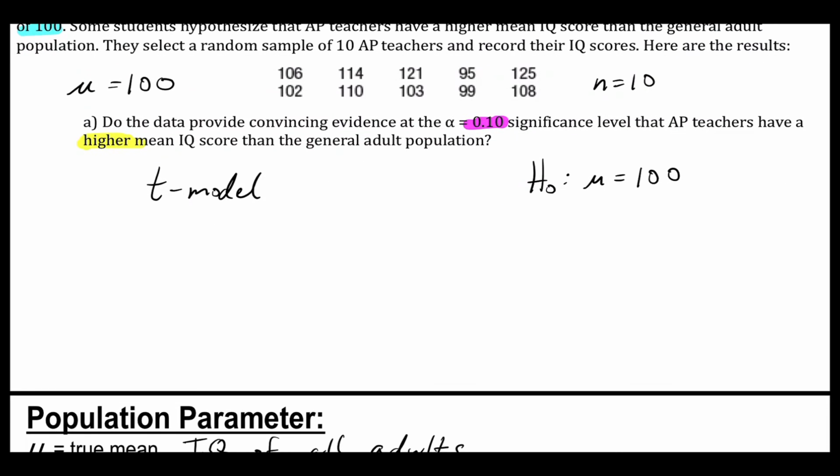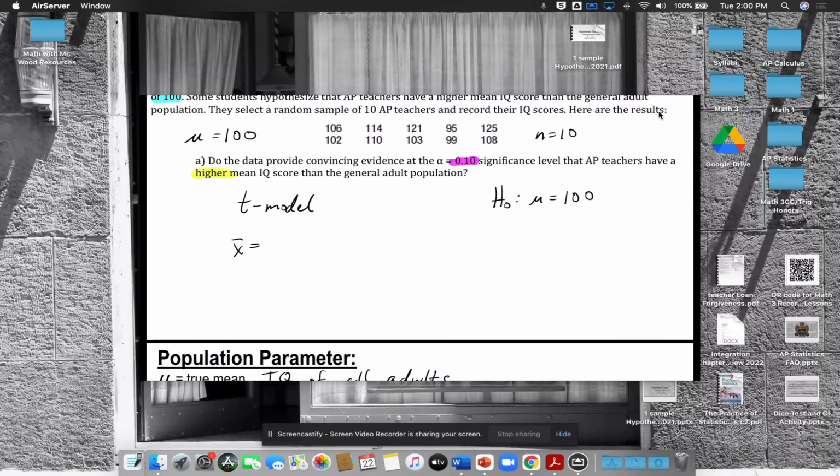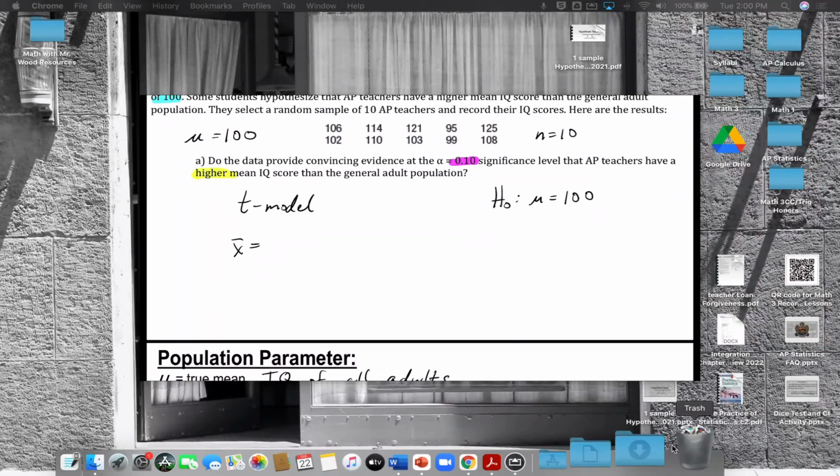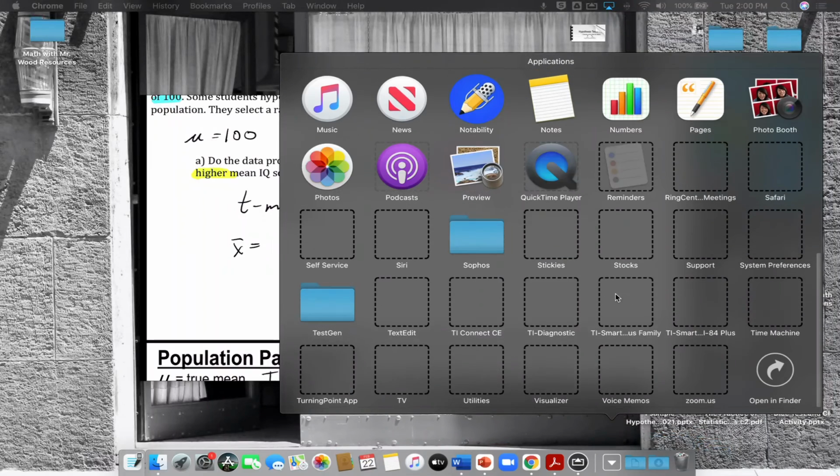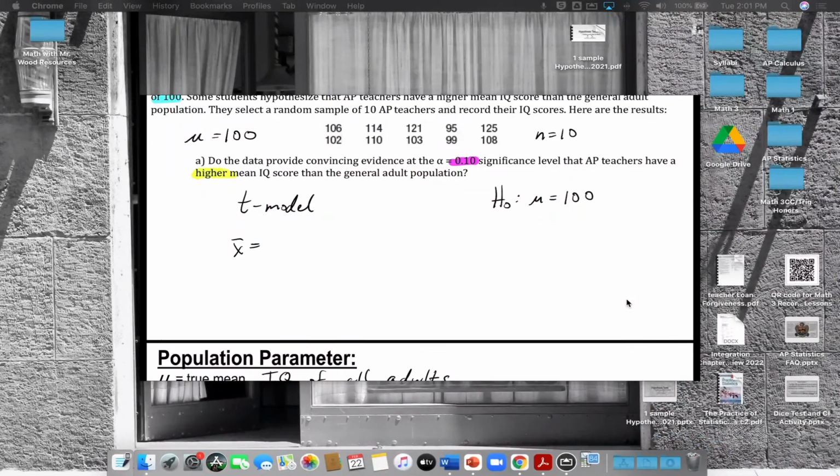So let's go put X bar in our calculator if you haven't already. X bar comes from the data, right? So put the data in L1. And then 1-Var Stats. And then we'll write all this down too. And then we also need standard deviation as well.